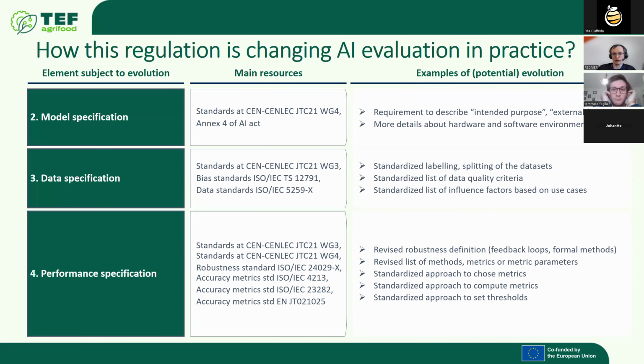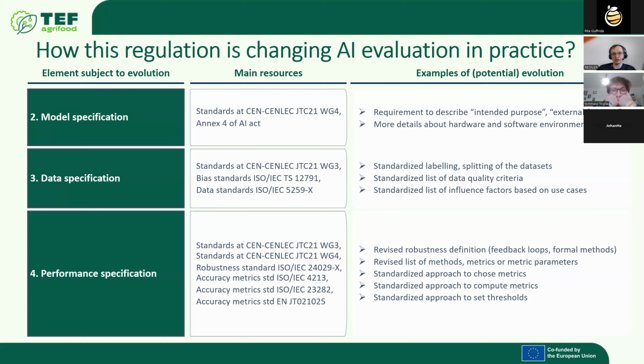First, developers will have to clearly describe the intended purpose of the AI system as well as its external features. In other words, what the system is supposed to do and what it should not do. There will also be much more detail about the hardware and software environments, which means that the AI system will not only be evaluated on its performance in theory, but also in its real technical conditions.